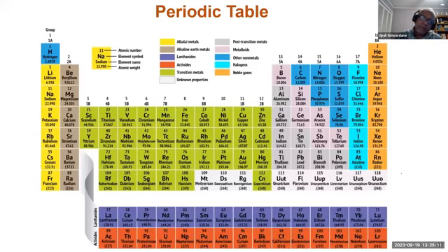Now we look at the periodic table, and I am marking the main groups 1A, 2A. For example, elements in 1A lose 1 electron and make +1, and 2A make +2. Aluminum and boron rarely lose 3 electrons, but they may.